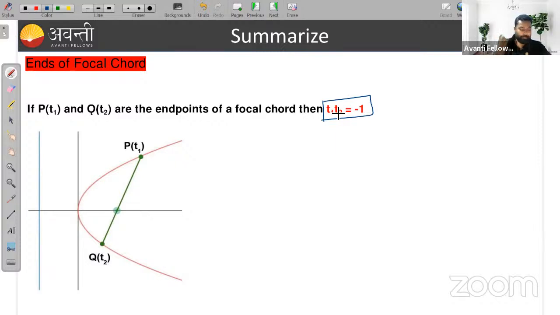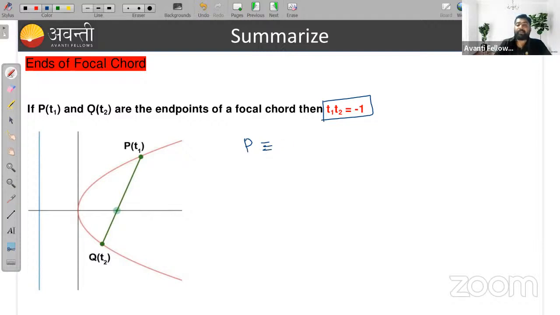Let's see. If t1 is the parameter of the point P, and t2 is the parameter of point Q, then what is the parametric coordinate of point P having the parameter t1?